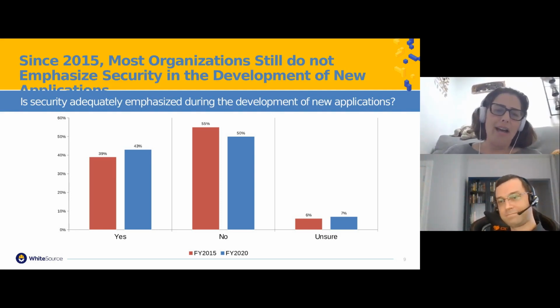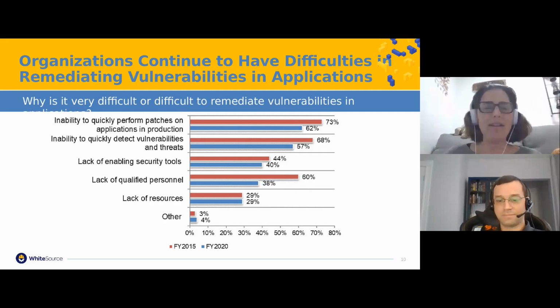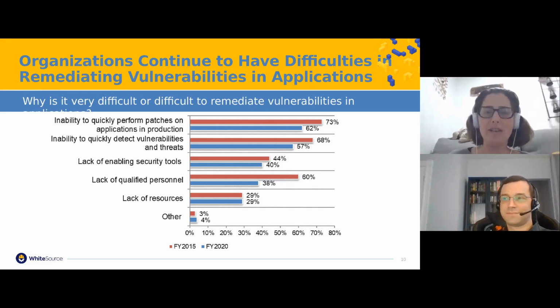Okay. And that takes us maybe to the next question that we surveyed about, understanding what is difficult and very difficult, why it's difficult or very difficult to remediate vulnerabilities.